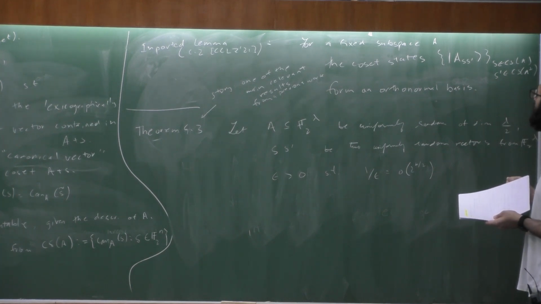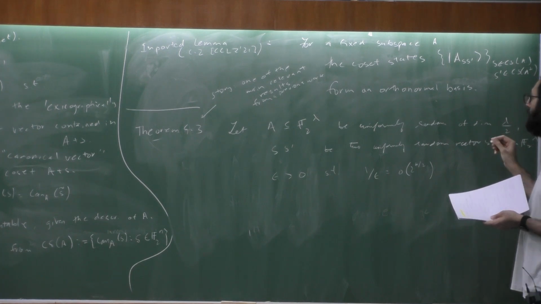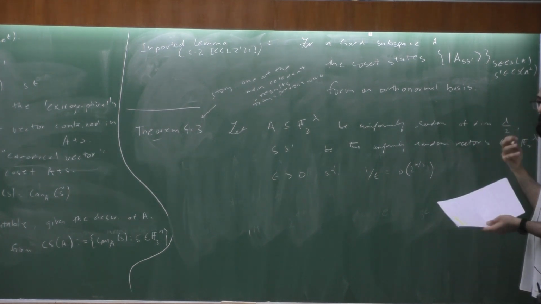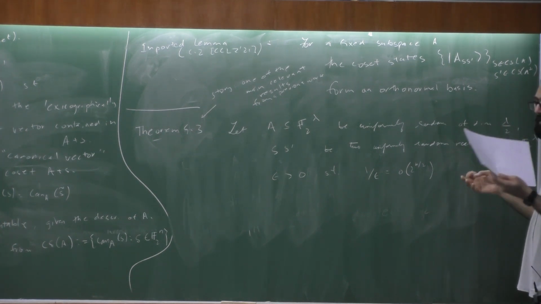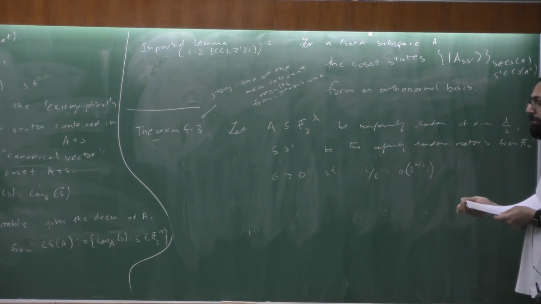Yeah, they have to, right? Because they're spanning F2^n. Don't they depend on A? No, you're taking the dual subspace as well, right? So if you take a very small A, the A perp will be very big. So you will be able to span them.